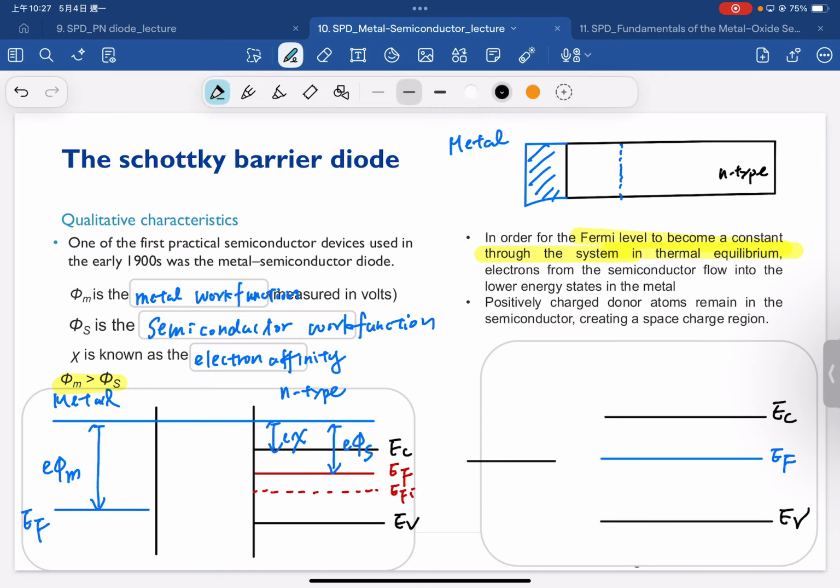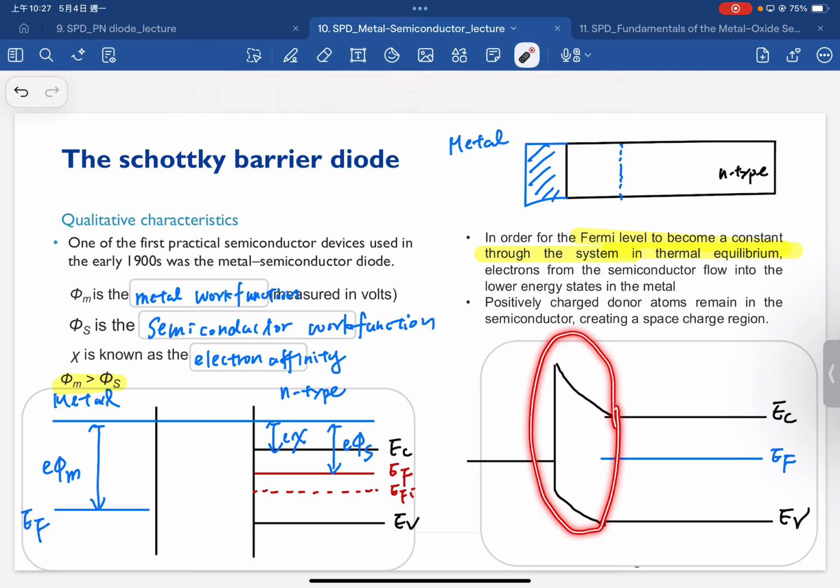Because right now our Fermi levels are aligned with each other, and once we see this band bending, that also suggests this is a depletion region, right? This is the same as what we see in the PN diode. That's why I draw it here as a depletion region.